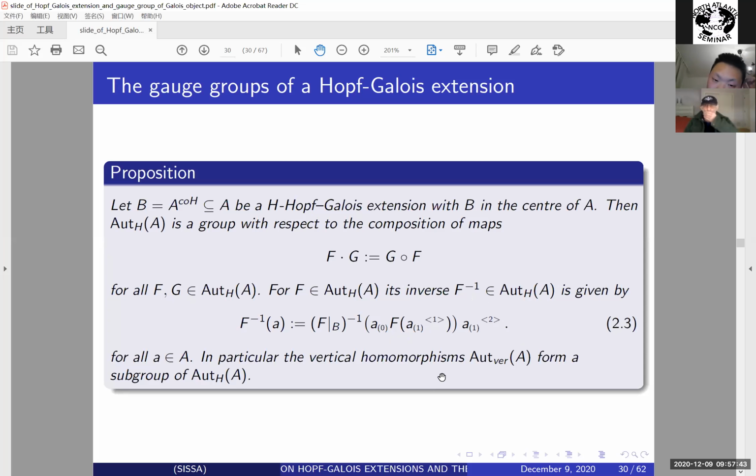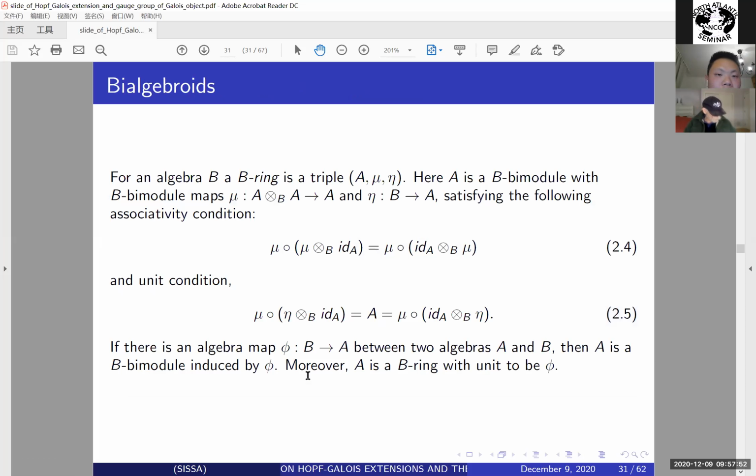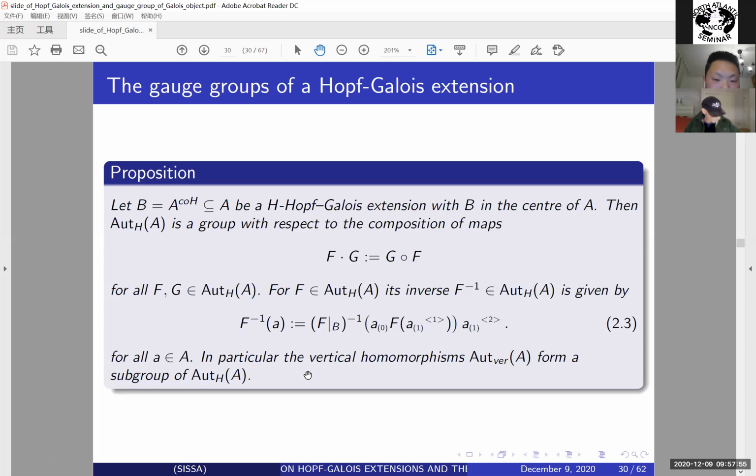Okay. So in particular, the vertical gauge group also forms a subgroup of the gauge group. Okay. Wait a second. Sorry, Shao. Why do we need this assumption of B being in the center of A just to have a group structure? Yeah, for some detailed computation, we need to require this F inverse to be again an algebra map under this formula 2.3.